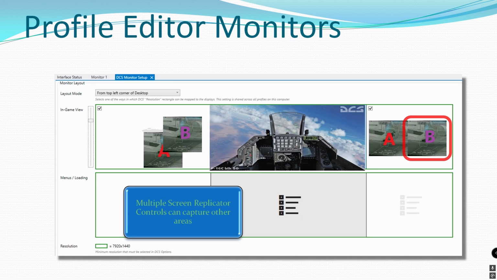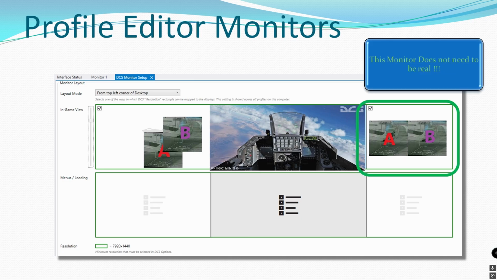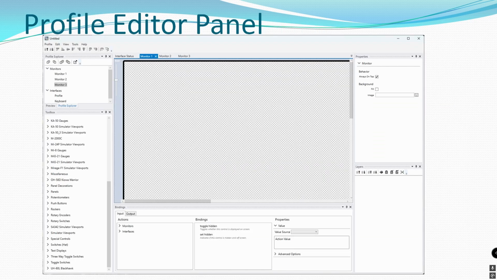Unlike DCS, Helios can render two replicated viewports within the same area of screen. It's useful to note that the monitor where DCS renders viewports to does not have to be a real monitor. There are various software and hardware solutions which avoid you needing to purchase a new monitor for this purpose.